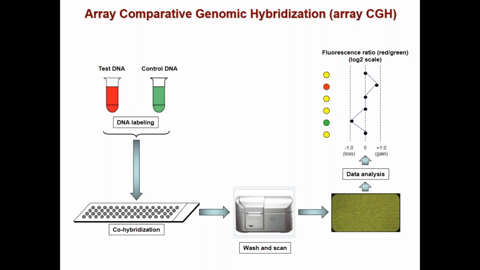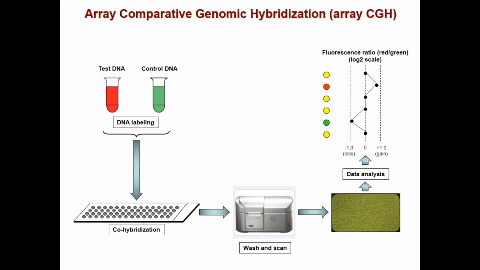If your patient contains 2 copies and your control contains 2 copies of a particular piece of DNA, you will find that 50% of the oligos within that spot will hybridize to the patient, the other 50% to the control. The end result is a ratio of red to green equal to 2 to 2, basically 1, and 1 here is represented by the yellow. So the ratio of red to green dye is what we measure, and it's represented later on a graph.